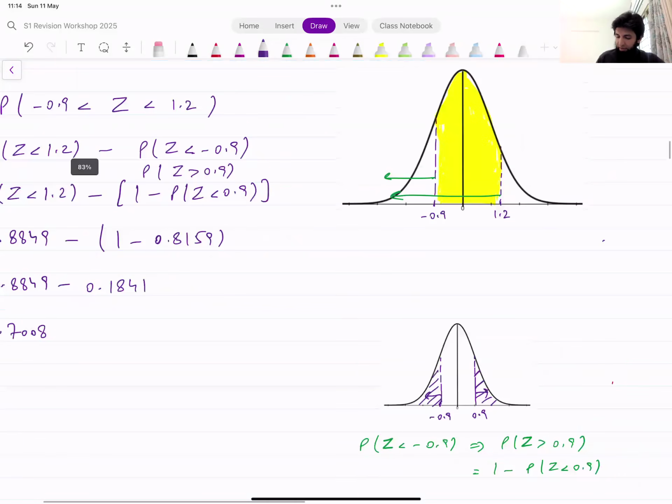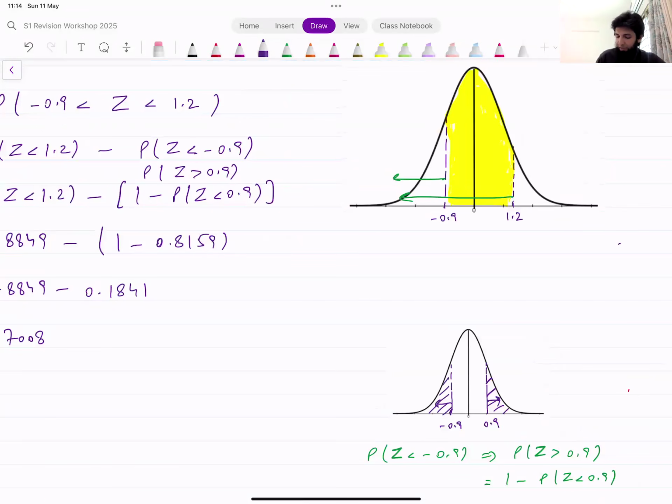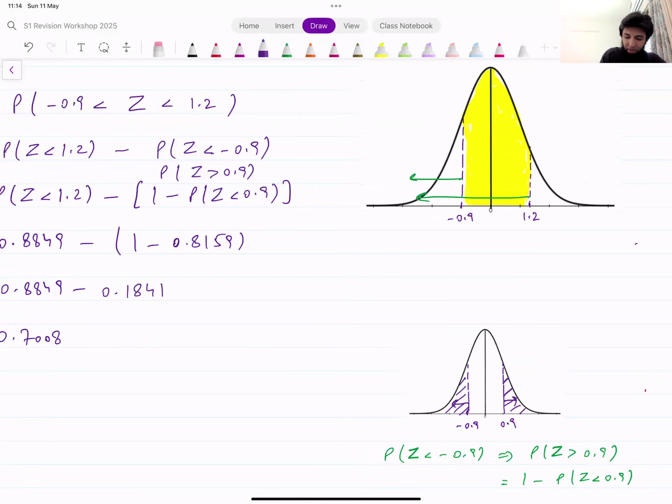And then you can say subtract from 1 the area to the left of 0.9. And that gives you 1 minus the probability of Z less than 0.9. That is what is going to give you this particular area.